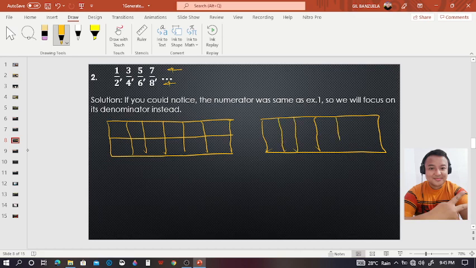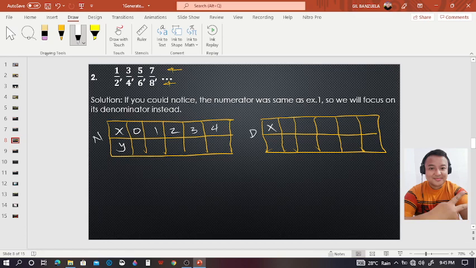Alright, so ganyan. We are now ready to write all the given here. Again, the zeroth term, the first, the second, the third, and the fourth. This is on the numerator part, and this is on the denominator part.